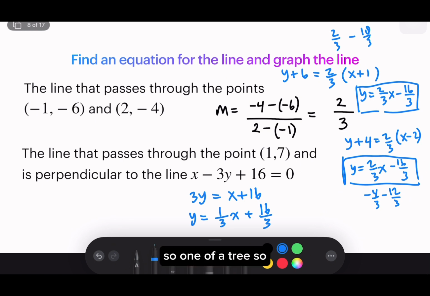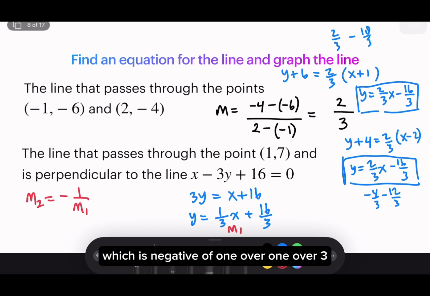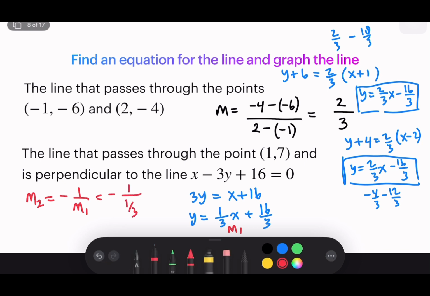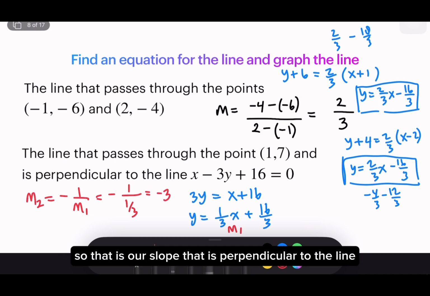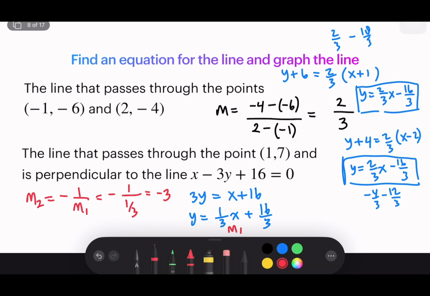That's right. So let's say this is our M1. M2 is negative 1/M1, which is negative of 1 over 1/3, which is negative 3. So that is our slope that is perpendicular to the line.